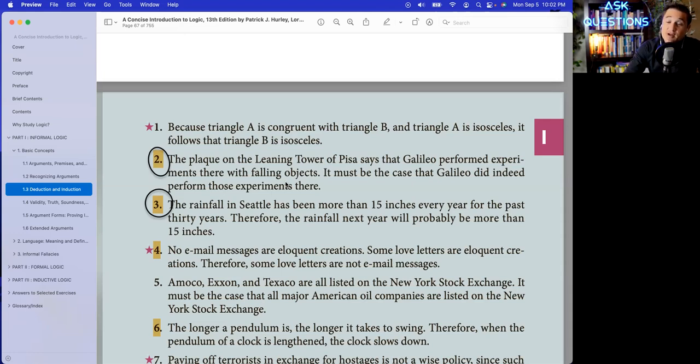So first you have to figure out these are all arguments, by the way. In another exercise, you're given passages. Some are arguments, some are not. That was the optional exercise. All of these are arguments, so you don't have to worry about that. You do have to figure out what the conclusion is. Well, the conclusion in this one is the second statement.